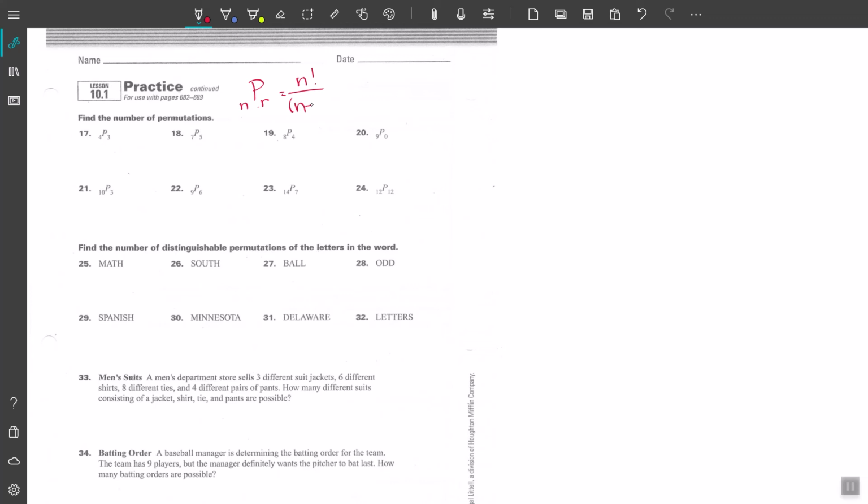And what we need to know is what the N and the R stand for. So the P stands for permutation. So that's the number of ways, the number of combinations. This N stands for the total number of objects. So this is the total objects that we're going to be selecting from. R is the number of objects that get selected together.